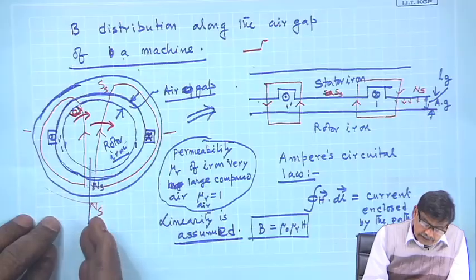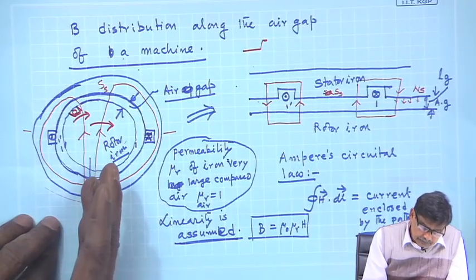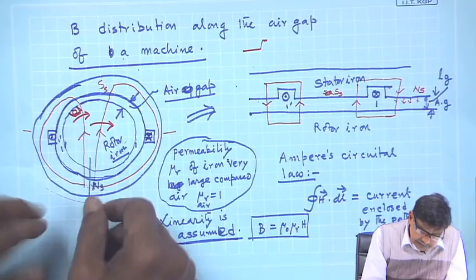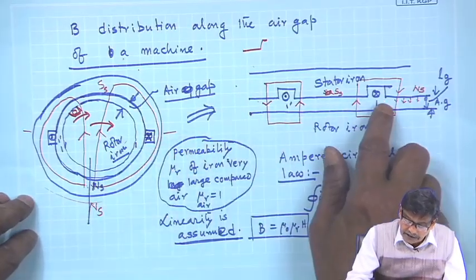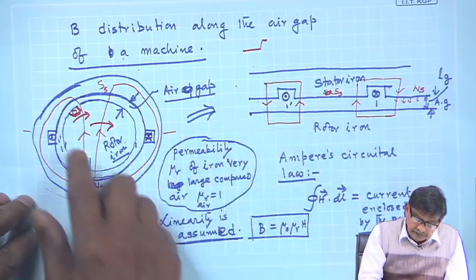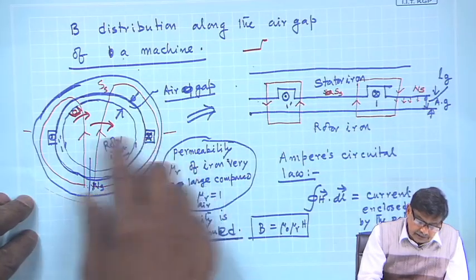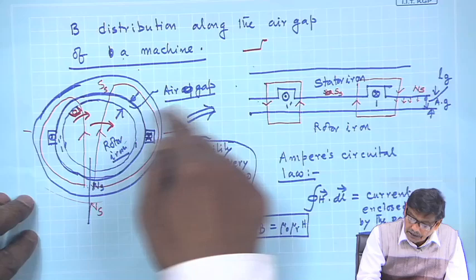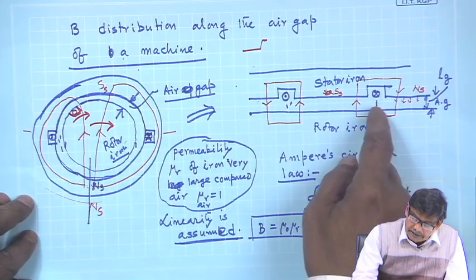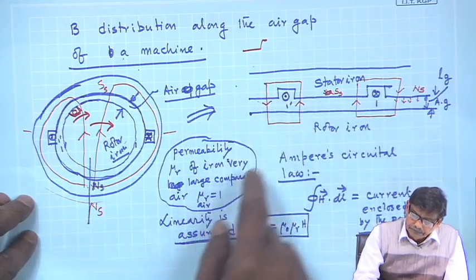This is the developed diagram, that is, suppose I have cut it like this and spread it around, then one will appear here, one dashed here, same currents. This is a coil, at the back they are joined, it could be a multi-turn coil, and then this is the current.